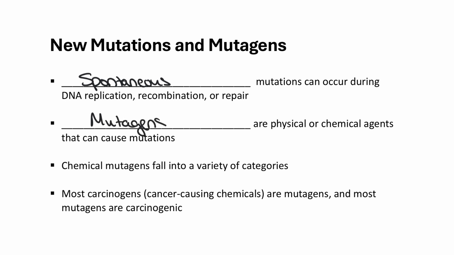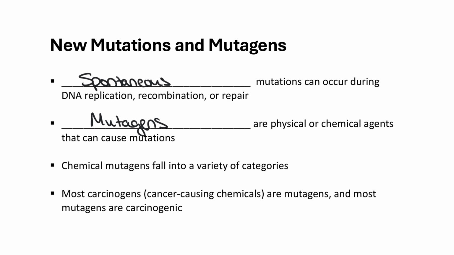Mutagens are physical or chemical agents that can cause mutations. Chemical mutagens fall into a variety of categories, and we will see that most carcinogens, which are cancer-causing chemicals, are mutagens, and most mutagens are carcinogenic. So there are different types of mutagens, physical or chemical agents that can cause mutations.